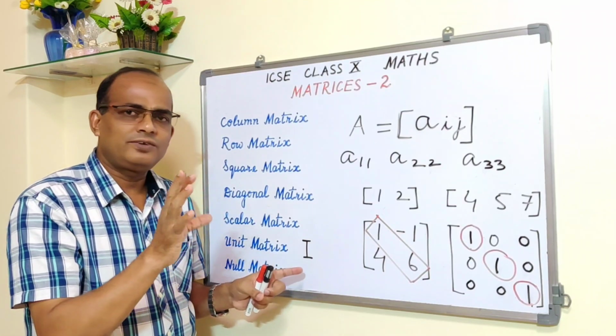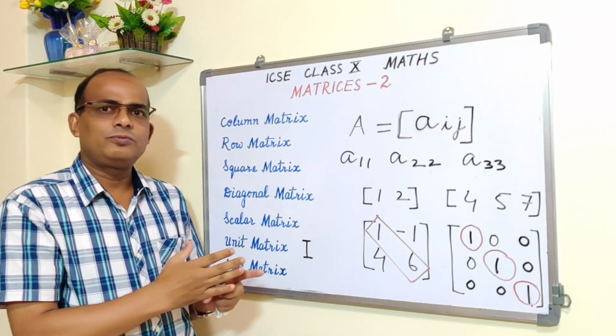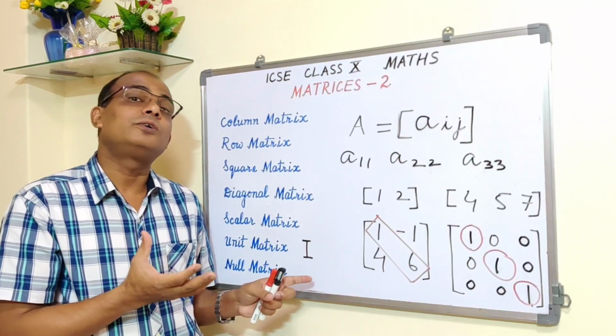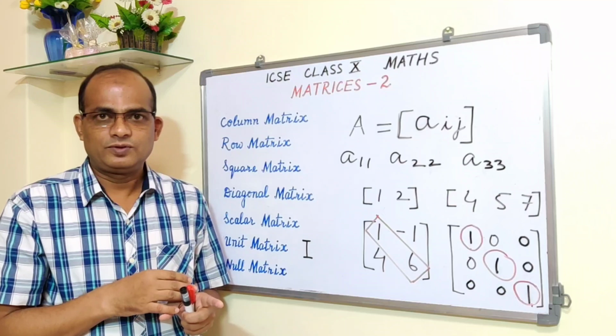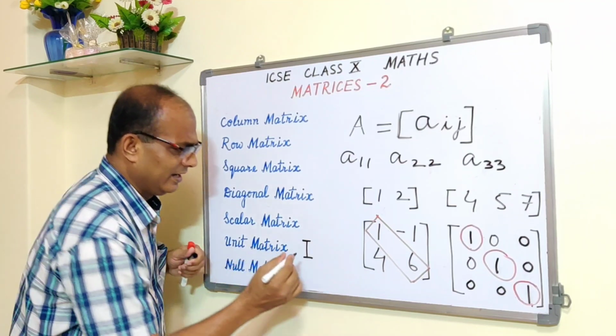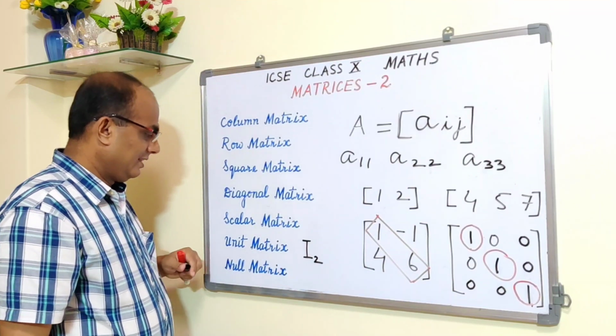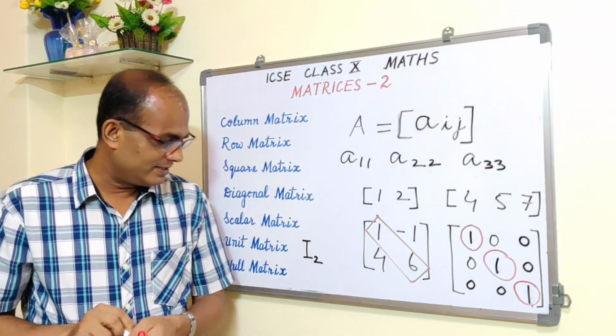So it is understood that because A is of order 2 by 2, B is of order 2 by 2, and we are adding I, the order of I should also be 2 by 2. But we generally write I2, I3, something like that. That is a unit matrix or identity matrix.